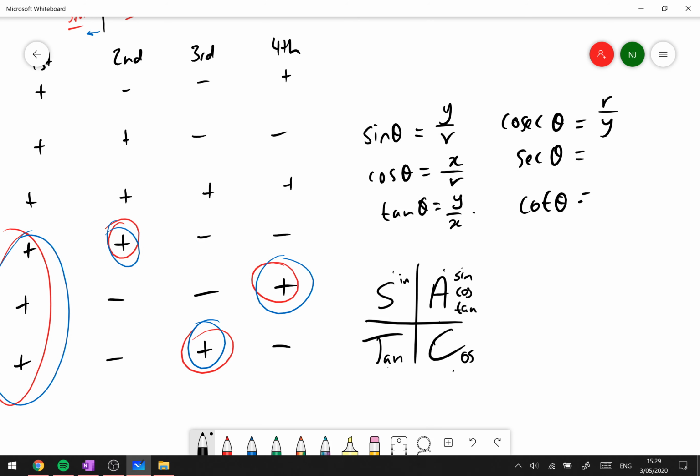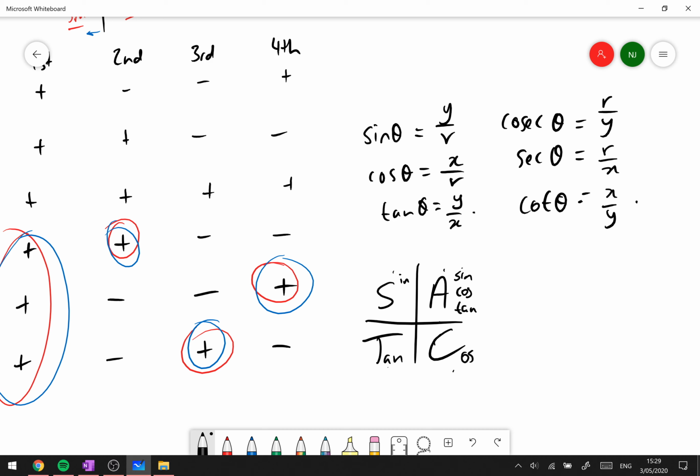So r over y, r over x, and x over y. So this is where I ask you the question. If I change the fraction so it's a reciprocal, will that change the signs that I get? So by swapping the y and the r around, so it's r and y, will I actually be changing the positive to a negative, and vice versa?